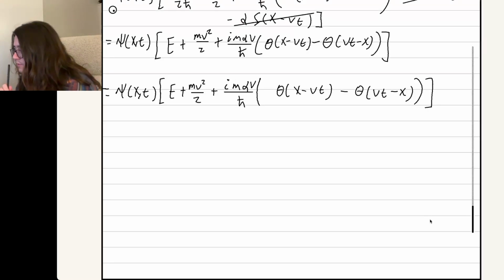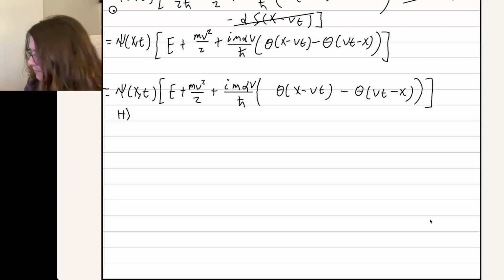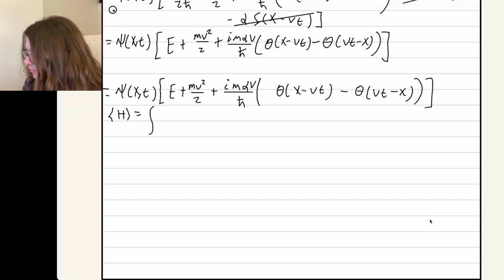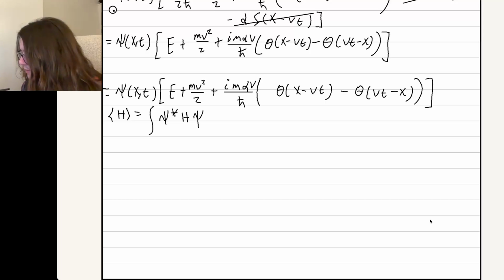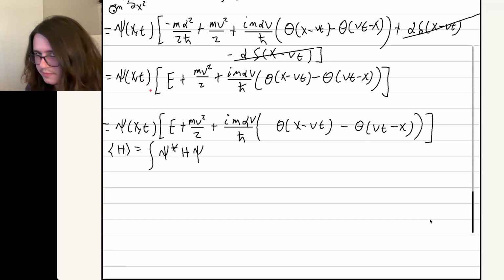Now we need to actually do the expectation value of the Hamiltonian, which isn't actually going to be that hard at all, because it's the integral over all space of psi star times the Hamiltonian acting on psi, but we just acted the Hamiltonian on psi, and we got this. That was the result.